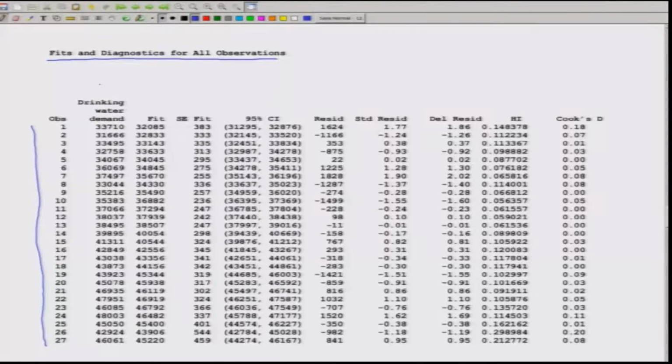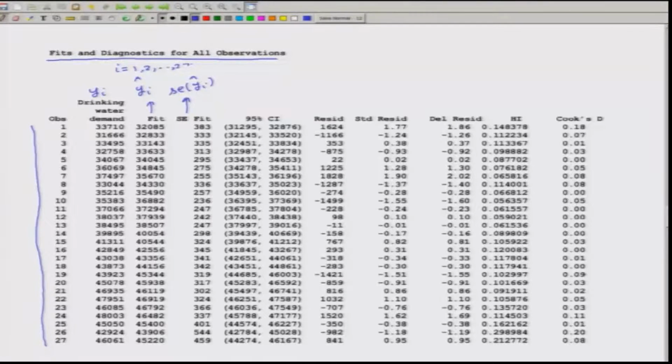The first column is drinking water demand, so this is nothing but our yi, and this is here the fit. That means this is the value of yi hat, and this is the standard error of fit. So this is essentially a standard error of yi hat, and i goes from 1 to 27.